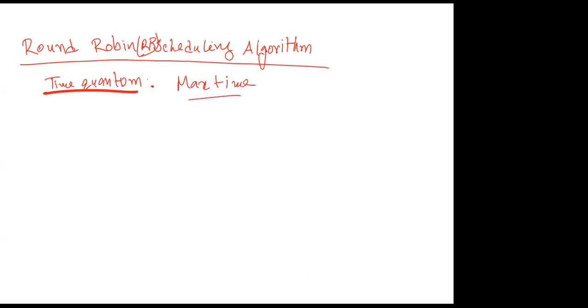process that can run without getting preempted. It means that once you define your round robin scheduling algorithm, you define a time quantum, let's say 4, 6 or 2, whatever it is.